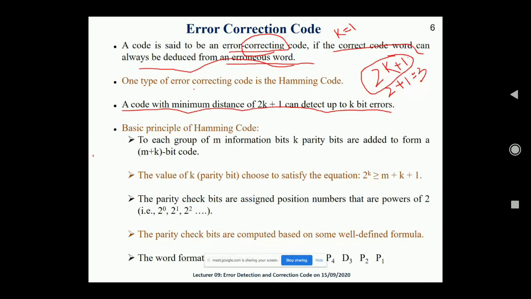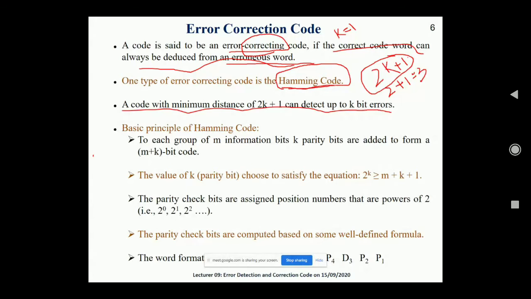But Hamming code is one technique that also corrects the error. In this subject we consider only Hamming code, since it is especially related to this topic, and we are not going to discuss all the other concepts.